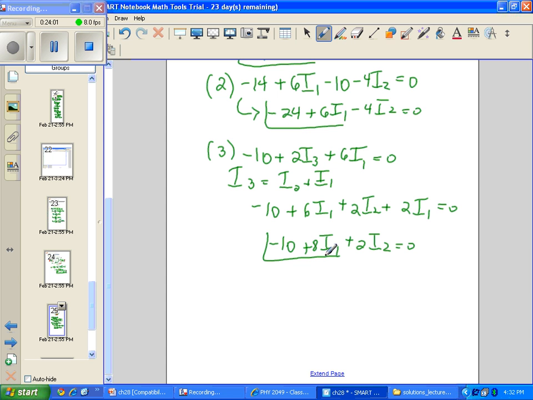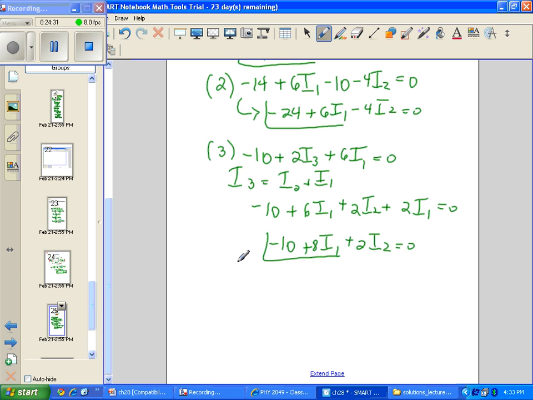Now, what I want to do is eliminate one of the unknowns. And when I look at equation 2 and 3, the reduced equation 3, I notice that if I multiply equation 3 by a plus 2 and add it to equation 2, I will eliminate the unknown I2 and immediately get a value for I1.